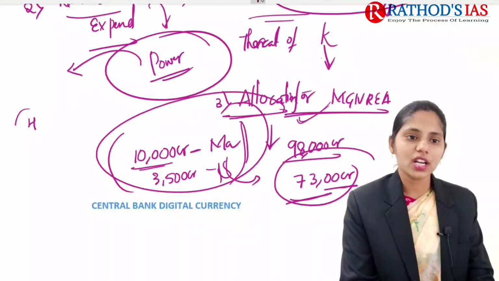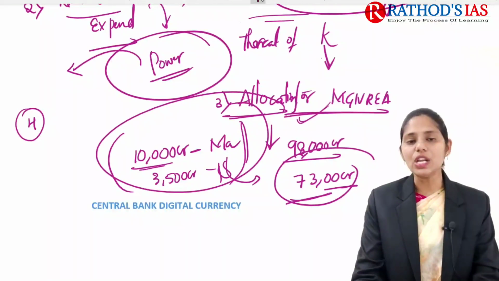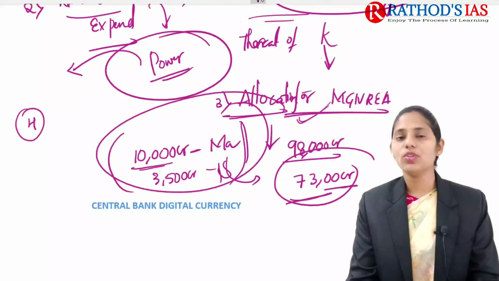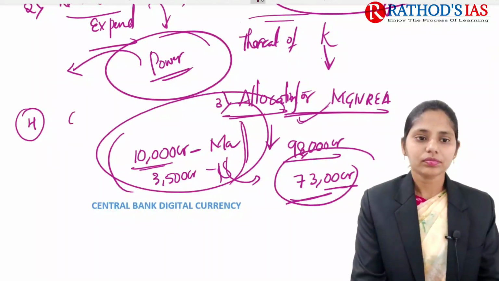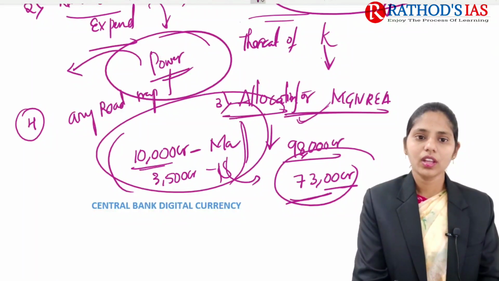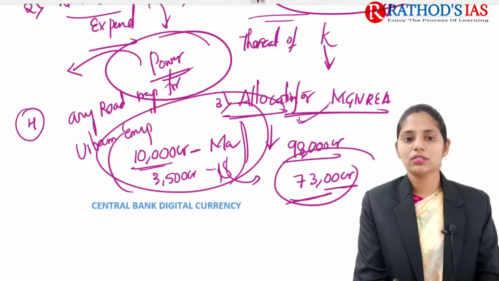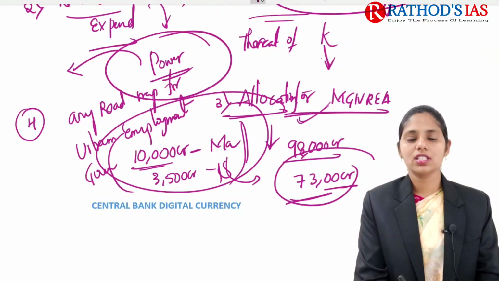And the fourth important challenge is that the budget has not given any roadmap for an urban employment guarantee scheme.